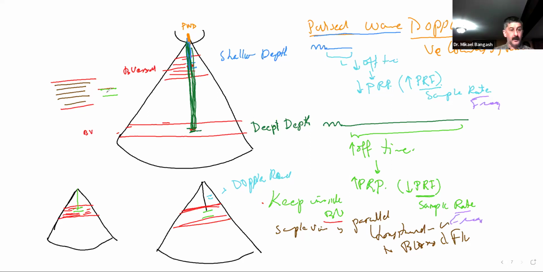Because what this sample window is going to be doing is, based on how much blood flows through this sample window, it will be able to record the velocity.